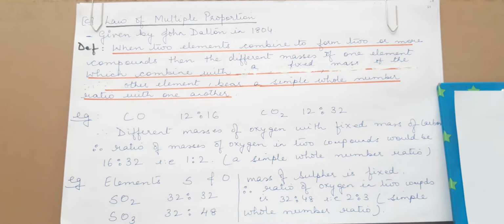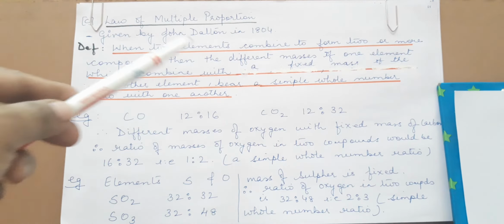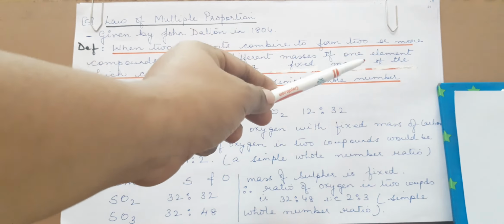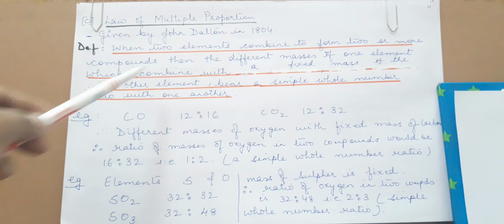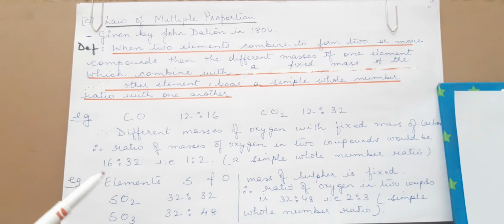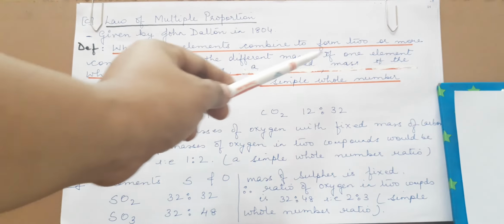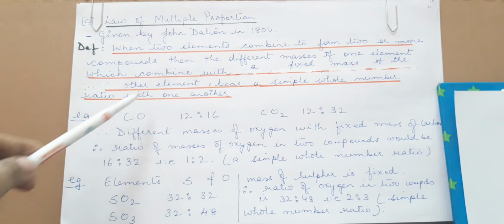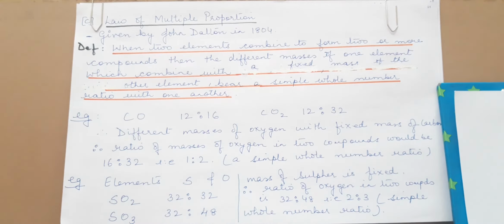Once again, when two elements combine to form two or more compounds, then the different masses of one element, which combine with a fixed mass, a constant mass, a particular mass of the other element, bear a simple whole number ratio with one another.